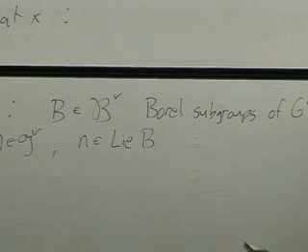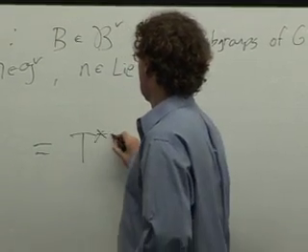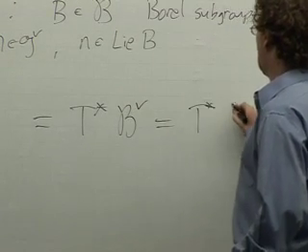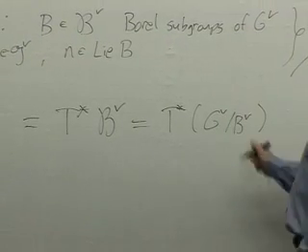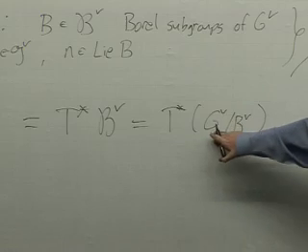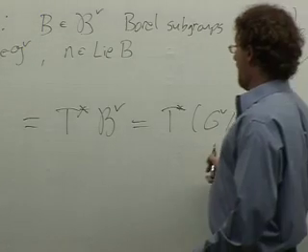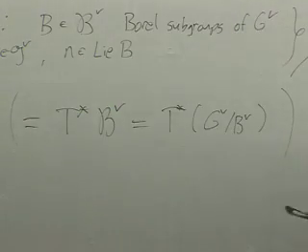So this is a kind of complicated way to say the cotangent bundle of the flag variety, the cotangent bundle of G check mod B check. G check mod B check is the space of all flags in G, and I'm really looking at it up to the action of G check.